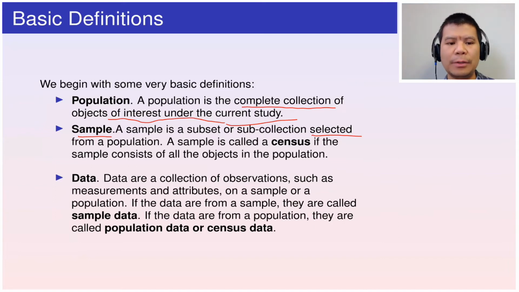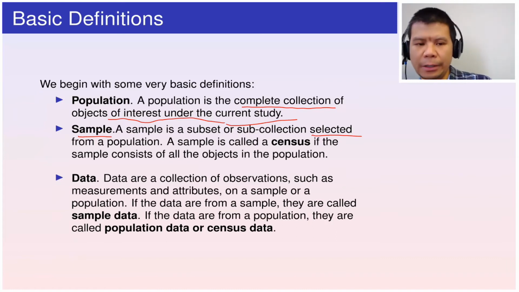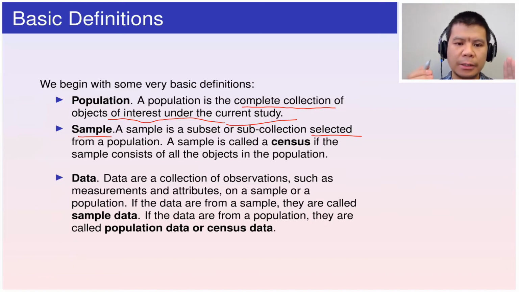Later on, we are going to talk about the random sample and other samples. But to be careful here, a sample, by definition, is just a subset or subcollection selected from a population.